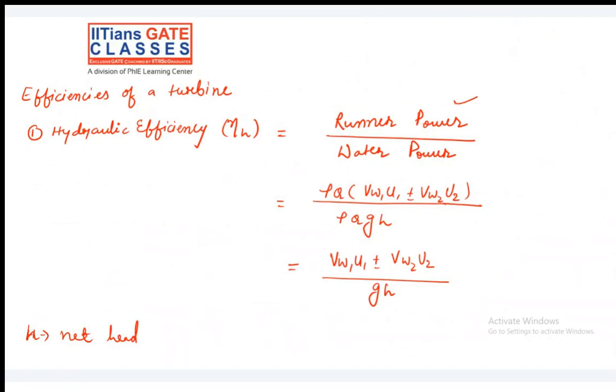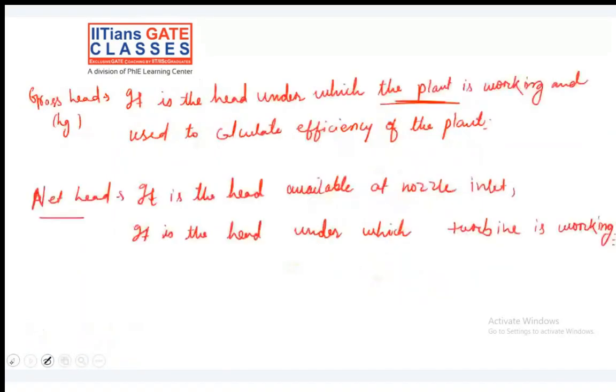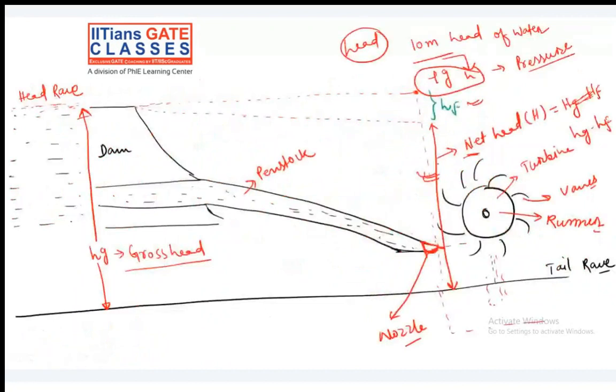This is the h which was available at the runner inlet. Okay, so this is the hydraulic efficiency. So this h I am talking about, this one. Fine. Next.